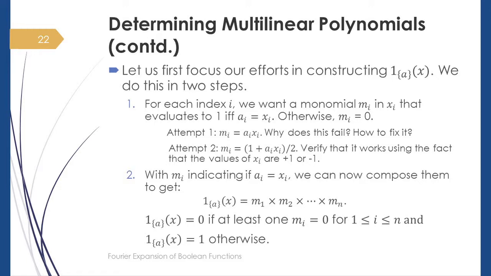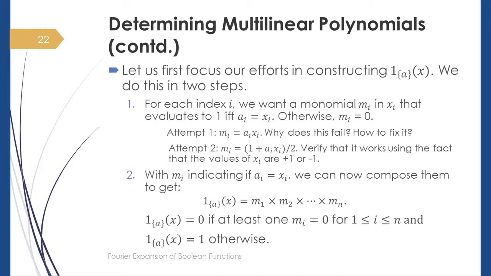So, when we actually construct the indicator polynomial 1a of x, it is a product of these m1, m2 through mn, and the reason it works intuitively is this product equals 0 whenever at least one of its values is 0.